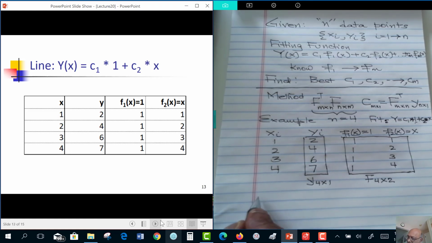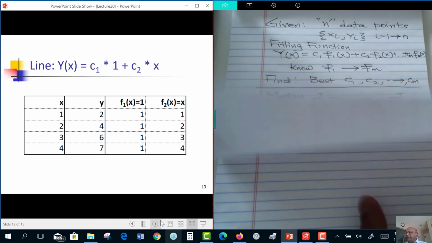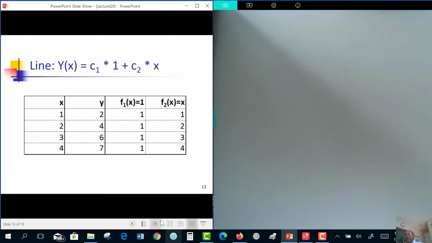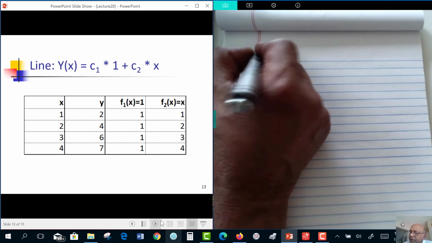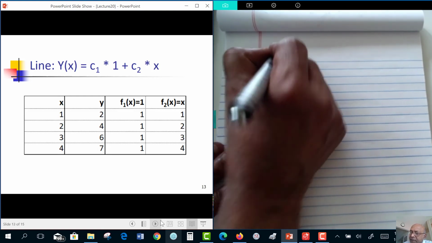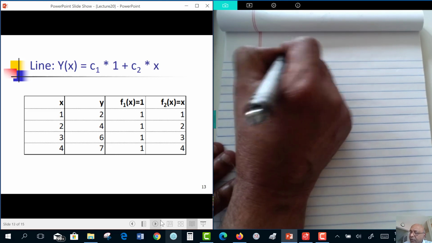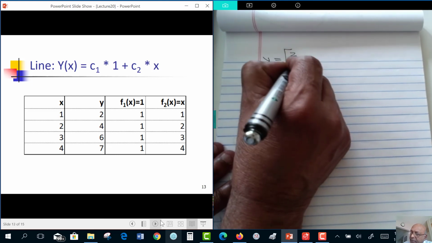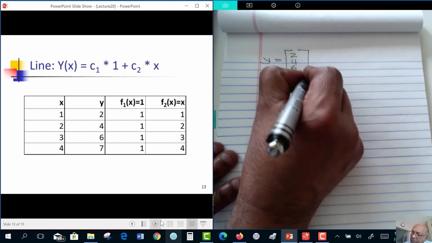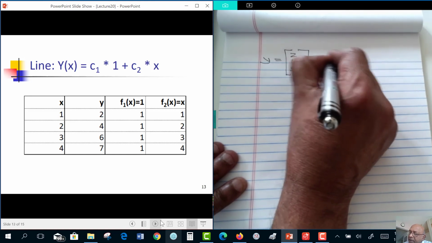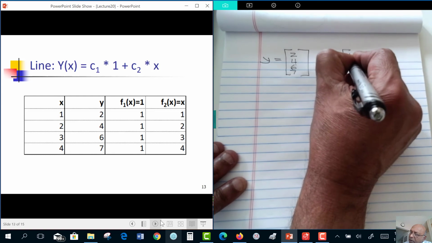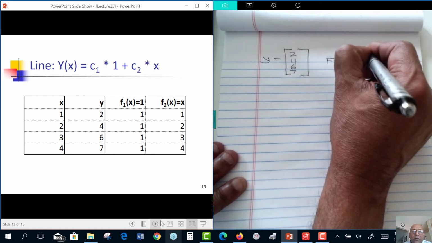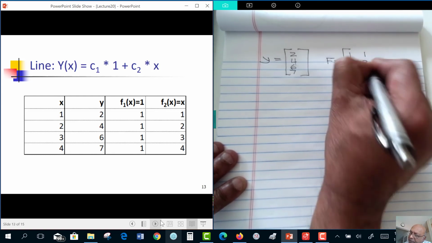So let's take f transpose. Actually, I'm going to write this on a fresh paper. So our y matrix is 2, 4, 6, 7. And our f matrix is 1, 1, 1, 1 in the first column and 1, 2, 3, 4 in the second.